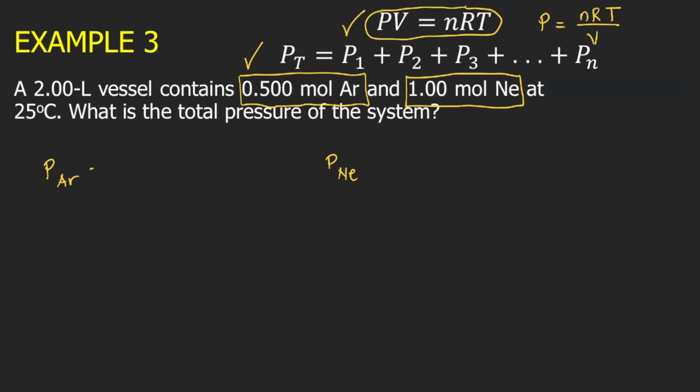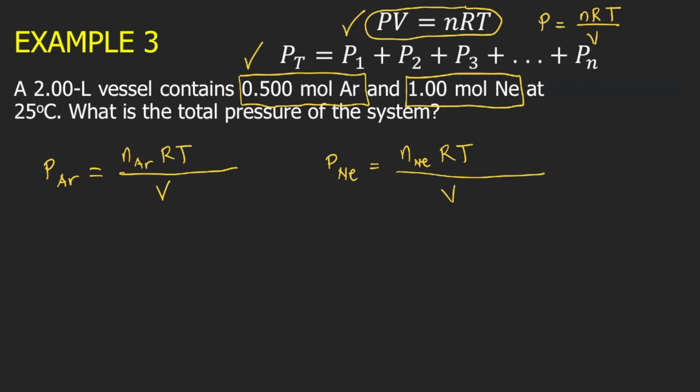So for the partial pressure of argon, that will be the moles of argon times RT over V. For the partial pressure of neon, that will be the moles of neon times RT over V.